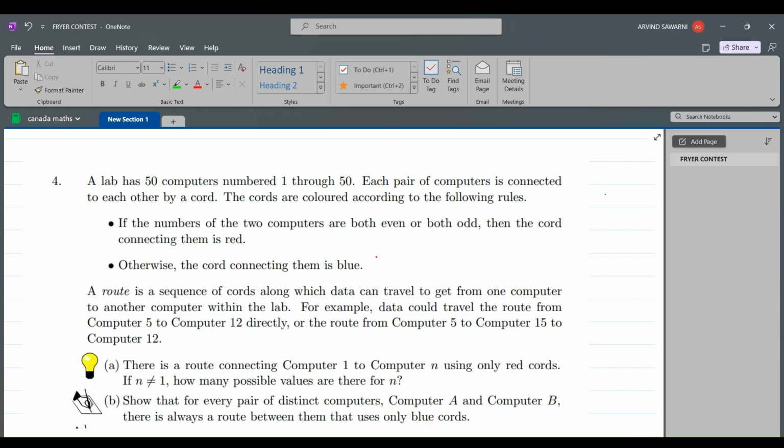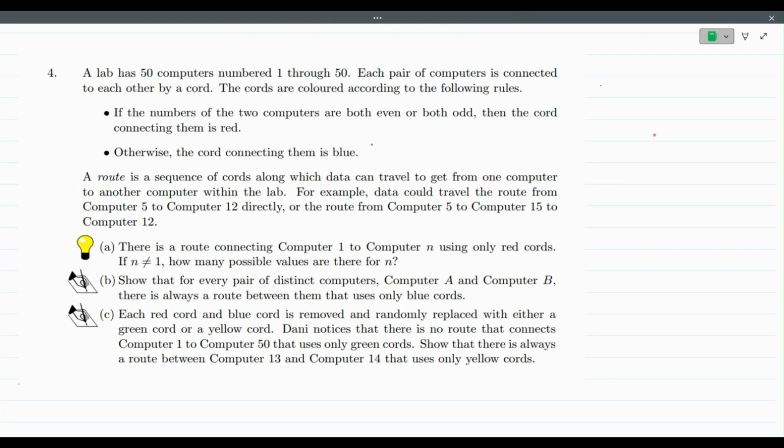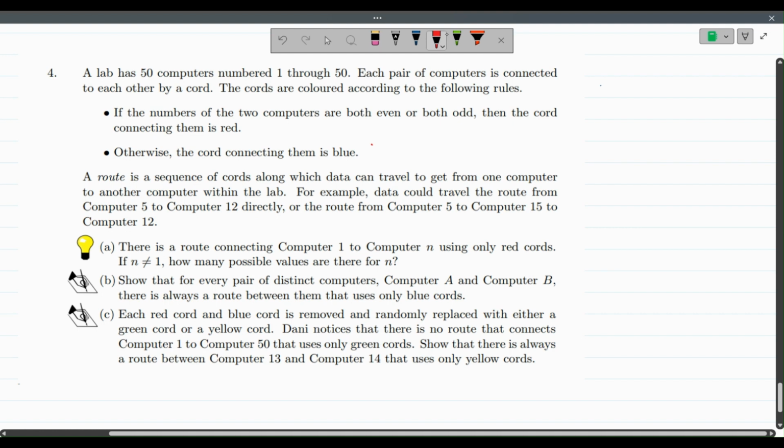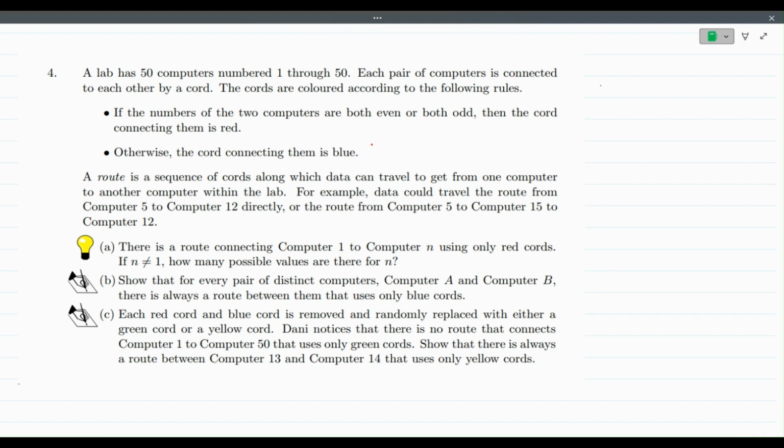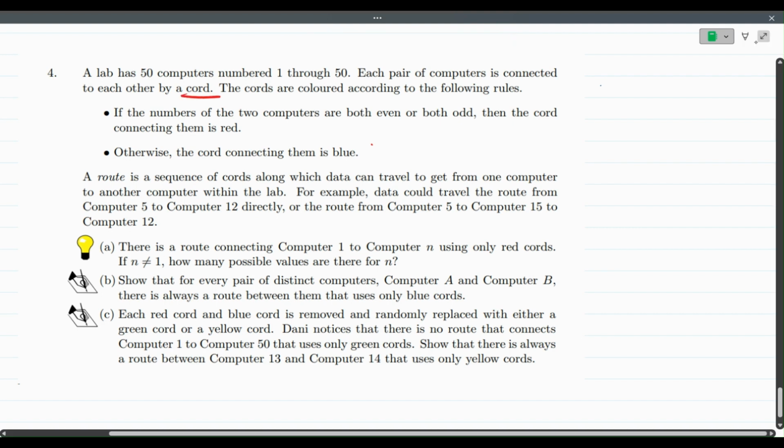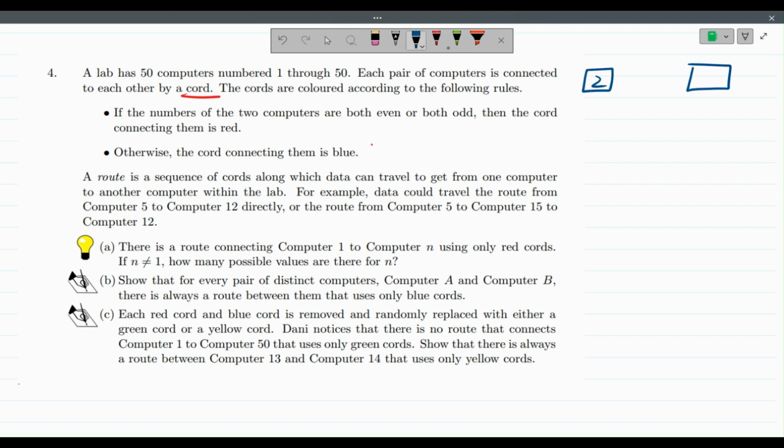So in question number 4, in a lab there are 50 computers numbered 1 to 50, and each computer is connected to another computer by a cord. If both computers are numbered even, let's say computer number 2 is connected to computer number 6, then they will be connected through a red cord.